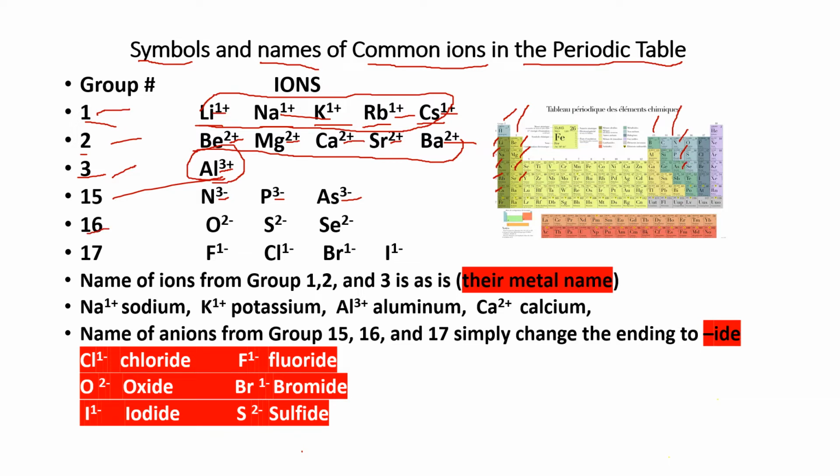Group 16, we have here on the periodic table. And the names and symbols are here. And the charges are all 2 negative because, as we recall, the atoms in group 16 to become stable need to gain 2 electrons. That is why their charges are 2 negative.